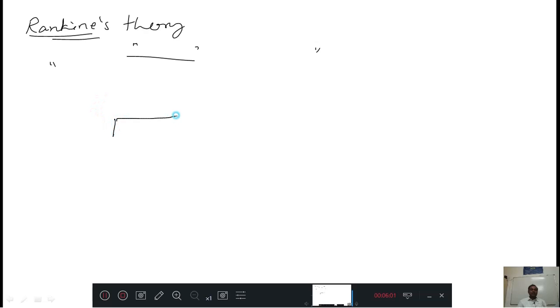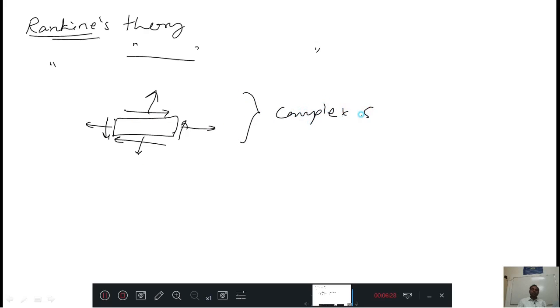Here what it indicates is, if any member is subjected to tension, in this direction or in this direction or both directions, and when the member is subjected to tension with some shear also, then a complex state of stress will be induced in the body.